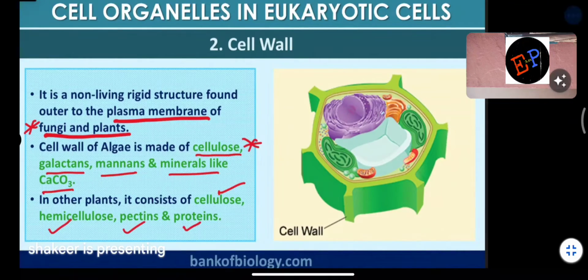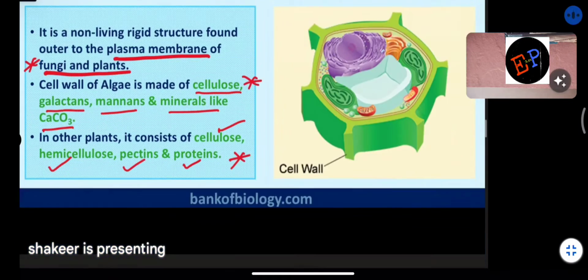So this difference in what the cell wall is made of in algae as well as plants, you should remember. A question could be: where are mannans present? The cell wall of algae, plants, human beings, or some other thing? The answer is algae. So like this, you have to remember the different materials present. Carefully learn them by heart.